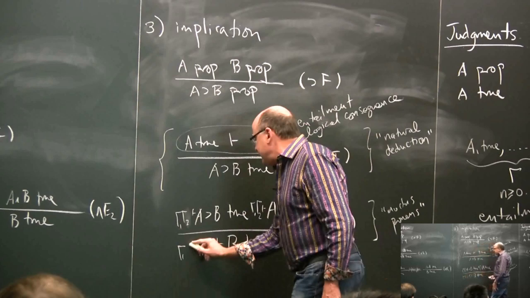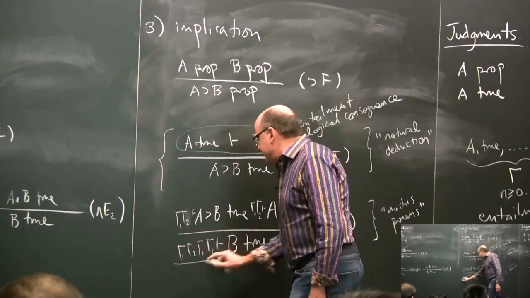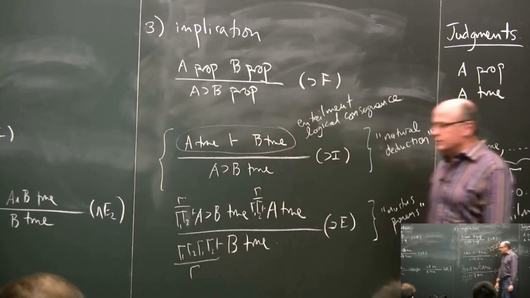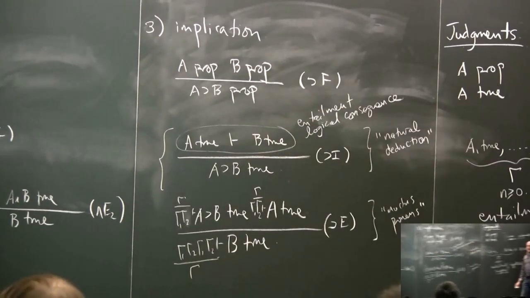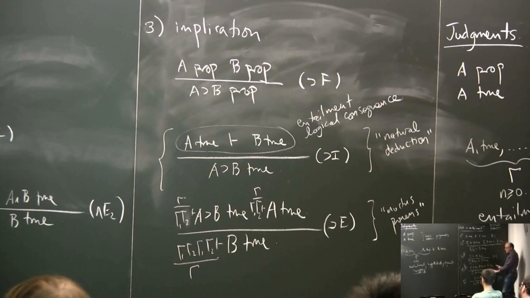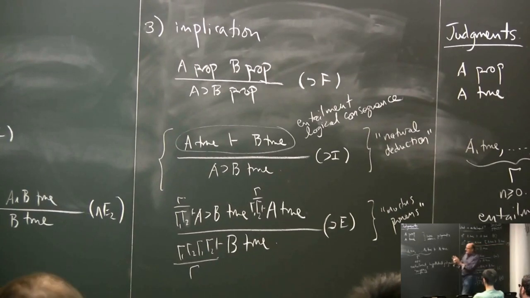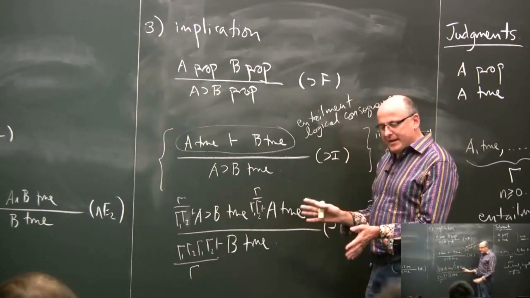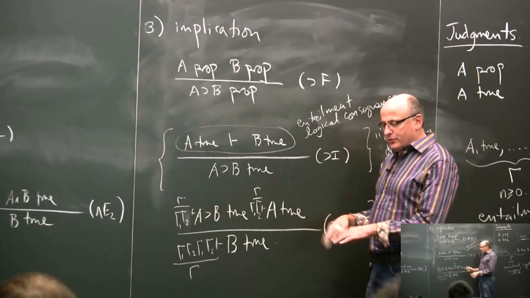And then using contraction and permutation, I can turn that into, we'll just call that guy gamma, and then by contraction I can use gamma here. Okay, so that's why. When people are concerned about the substructure of these properties, the rules are all very finicky, and you must actually write down where the gamma i's are, because it matters when you don't have weakening and contraction.